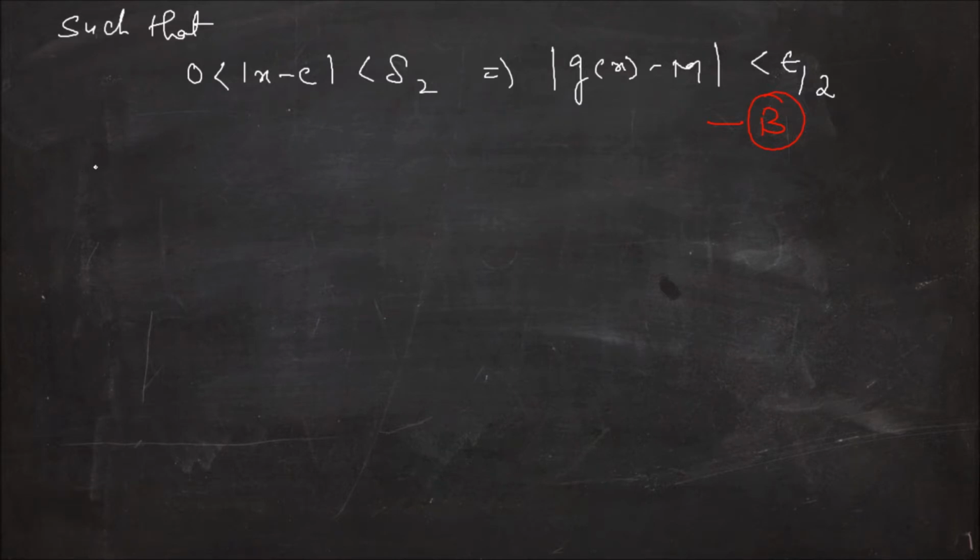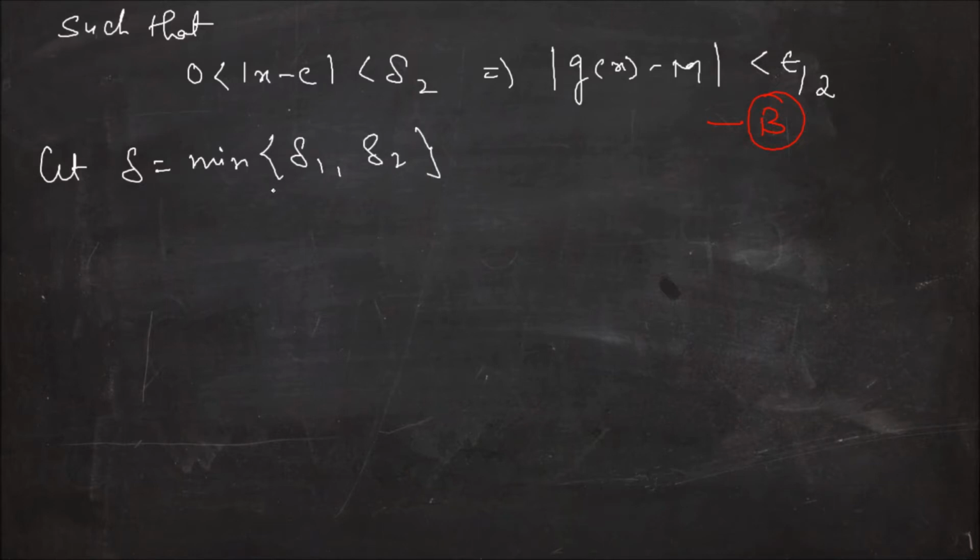Now A is holding for delta 1 and B is holding for delta 2. Now I want some delta such that A and B together hold for that delta, and we know what delta we should choose. We should take delta equal to the minimum of delta 1 and delta 2. So for this choice of delta, A and B will simultaneously hold.